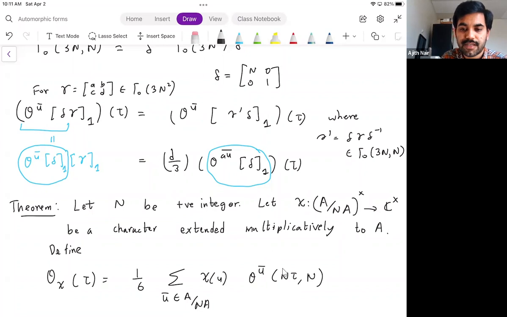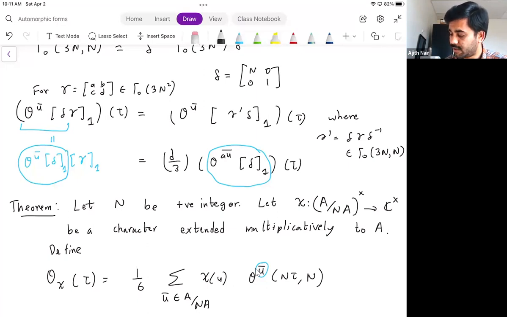So initially, when we defined the theta function, this was fixing a u bar, and now I'm varying my u bar inside this finite group A mod Na, and I'm twisting these theta functions by chi, and summing over all of these twisted theta functions. And that I'm going to call my modular form theta chi. So that's what I meant by symmetrizing.